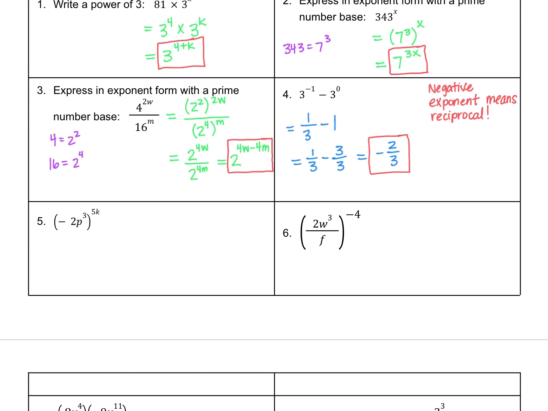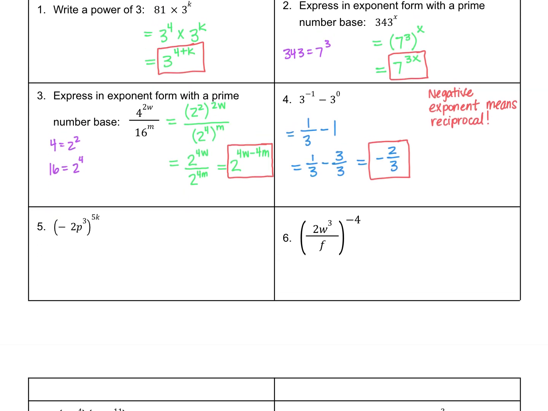Number 5, we have a power raised to another power. So remember, you want to raise everything to the power that is on the outside, meaning that you are going to distribute the exponent on the outside to every exponent on the inside. So remember, the exponent on the -2 is an understood 1.